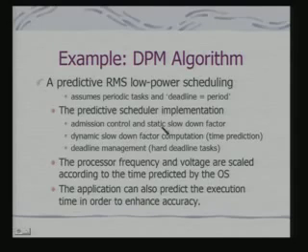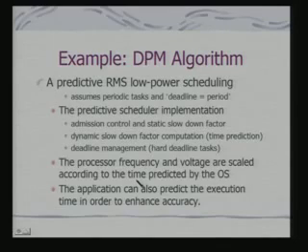You can have a static slowdown factor, because if you have a longish deadline, I can slow down the processor. I can have a dynamic slowdown factor computation depending on how much time is required to finish the execution, and that has to be combined with your deadline management. So the processor frequency and voltage is scaled according to the time predicted by the OS.